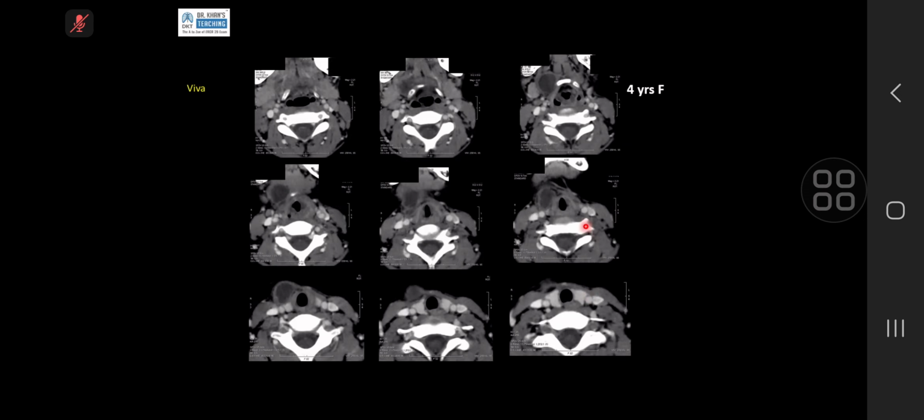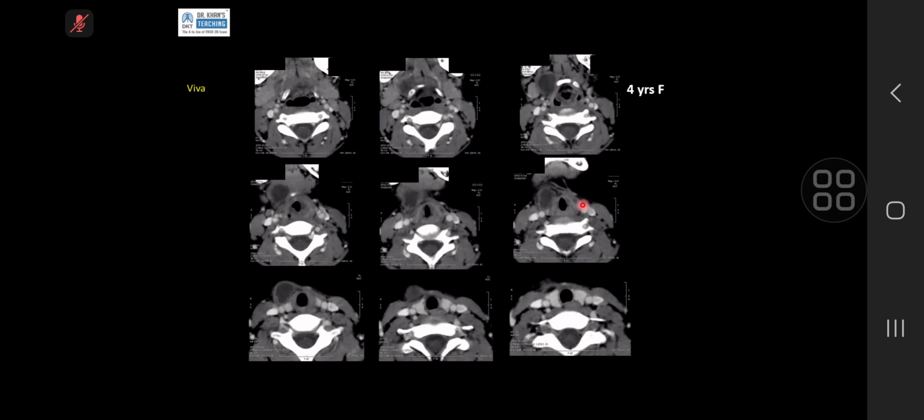Look at this CT scan of a 4-year-old. Now we are close to the root of the tongue, and you can see this is the hyoid bone, and you can see this cyst here. Infrahyoid, just after the hyoid, it will extend slightly off midline, either to the left or right.